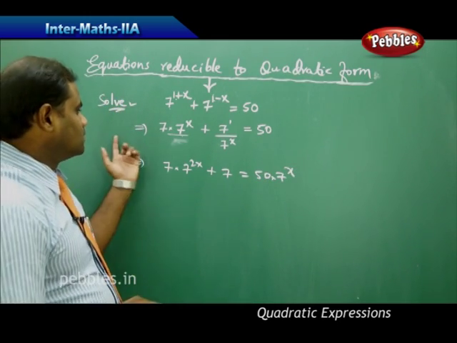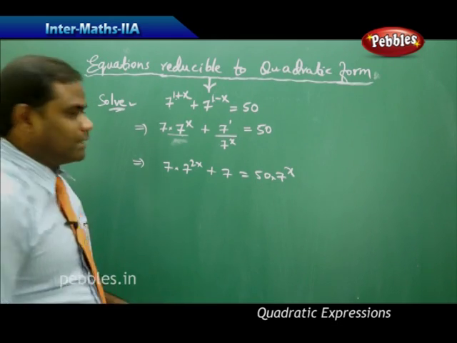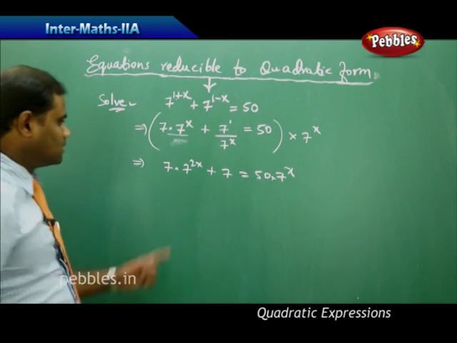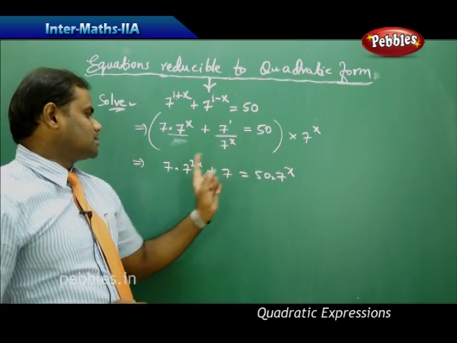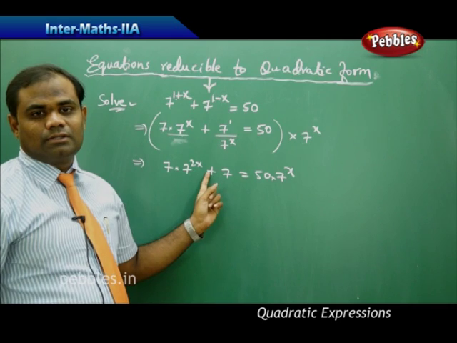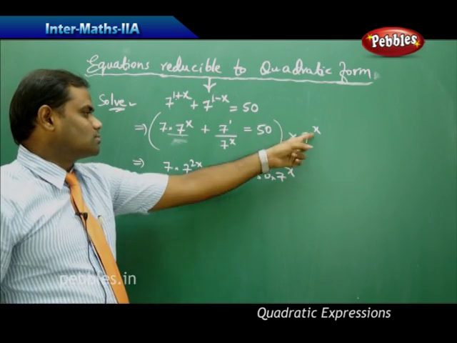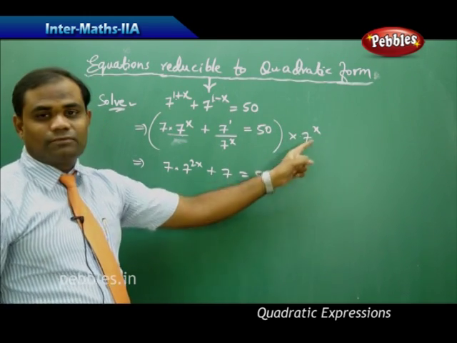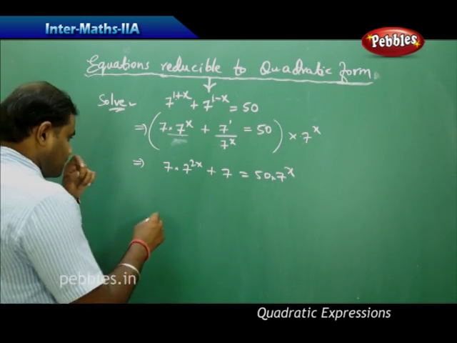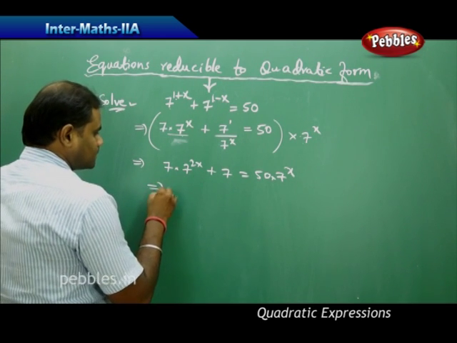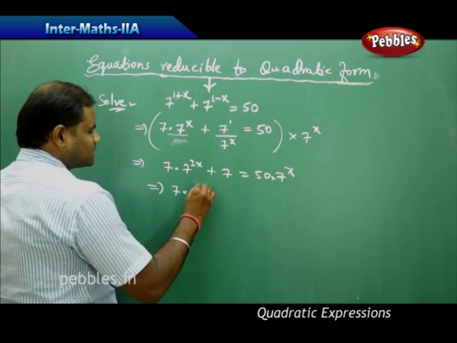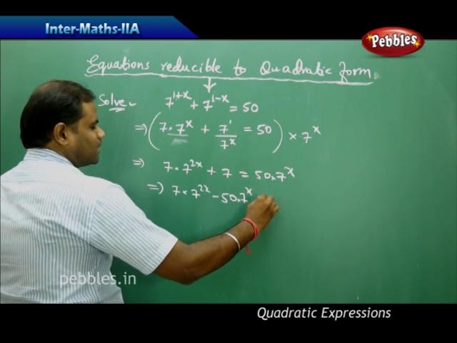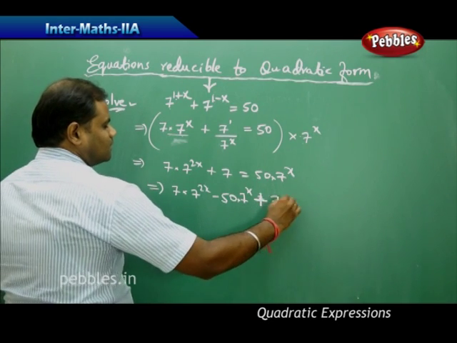So I have multiplied the whole equation with 7 power x. 7 power x into 7 power x is 7 power 2x using the law of index, and then the 7 power x cancels, leaving 7, and 50 times 7 power x. Now let's rearrange: 7 times 7 power 2x minus 50 times 7 power x plus 7 equals 0.